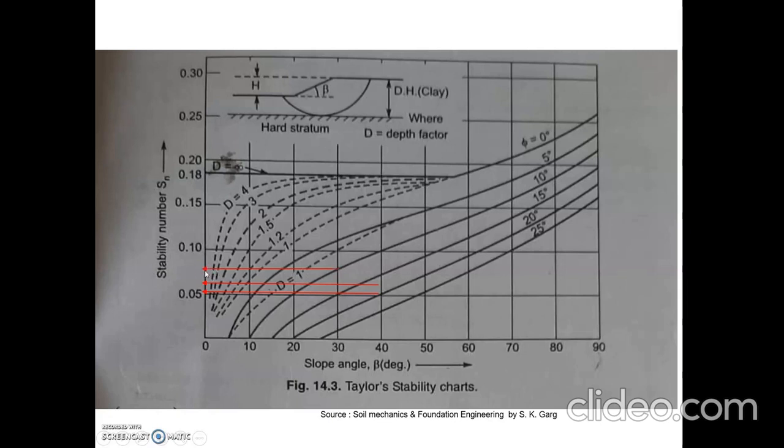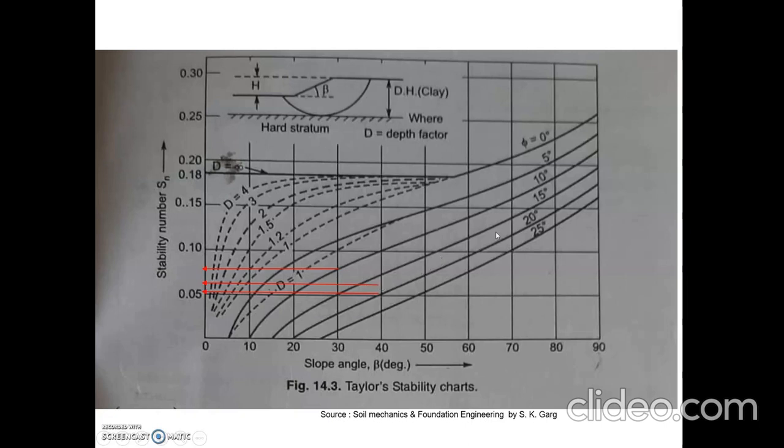So stability number is approximately equal to 0.075. Similarly, for phi equal to 20 degrees and beta equal to 40 degrees, we can find out the stability number, which may be approximately equal to 0.051 or 0.052.